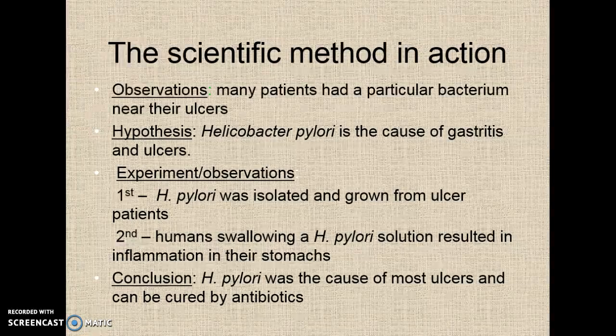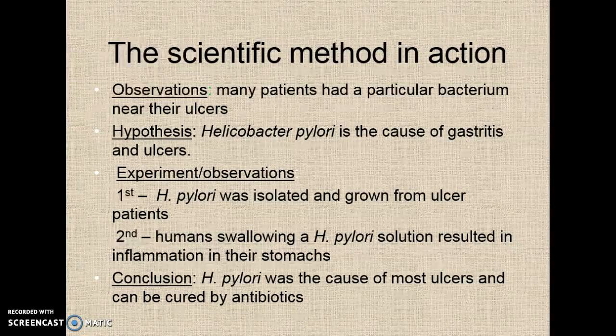So if doctors took a biopsy, a sampling of the lining of the stomach where the ulcer was, they could isolate a particular bacterium. So this led to a hypothesis: Helicobacter pylori is the cause of gastritis and ulcers.